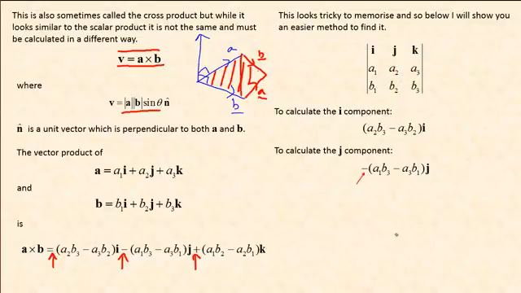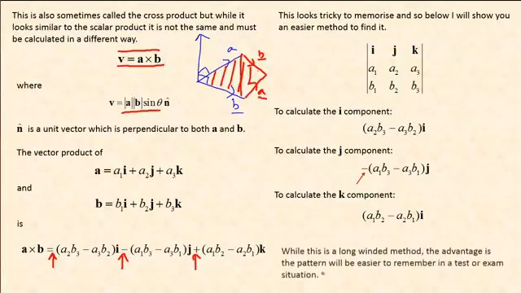I just made a little arrow here just to note that we need that minus on the j component. And then for the k component we cross out the row and this column and work out the 2 by 2 determinant like so. It seems long-winded, but with practice this can be done quite quickly.